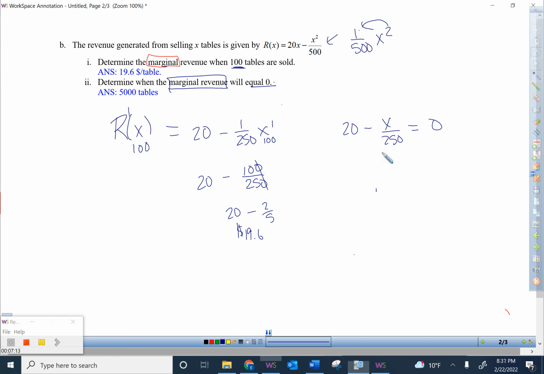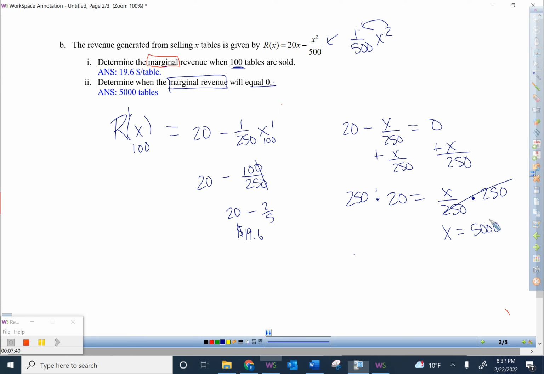So we want to get this, just add it over. So we've got 20 equals x over 250. And the reason I put it over that instead of to the side is so we can really see we're going to multiply by 250 here. So then we've got our x equal to 250 times 20, which is 5,000.